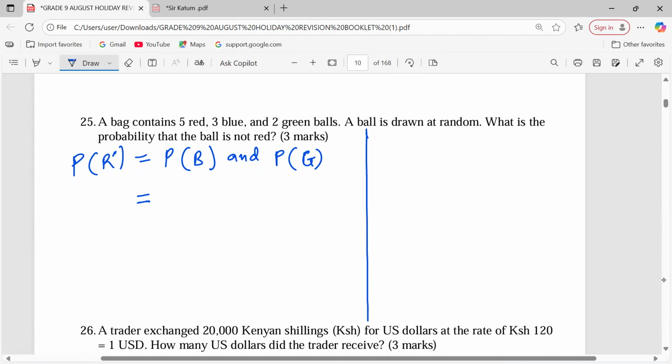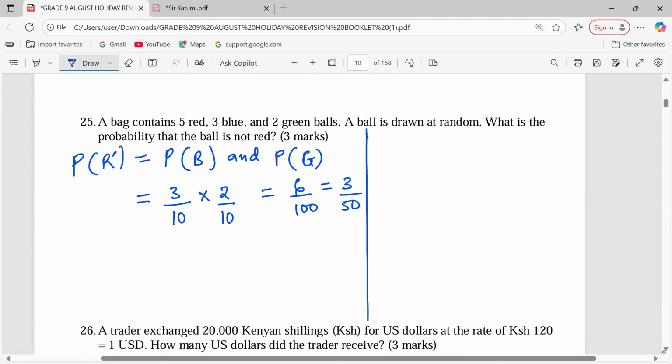So this is going to be probability blue, which is 3 out of a total of 10, and means multiplication, which gives us now a green, which is 2 out of 10. So this is going to be 6 out of 100, and it can simplify to 3 out of 50.